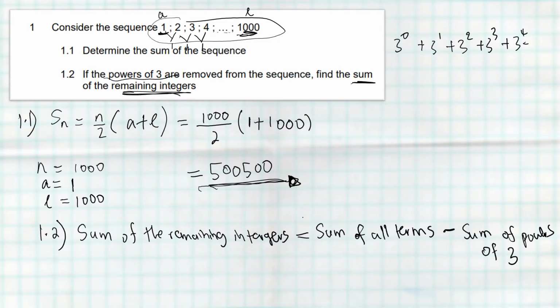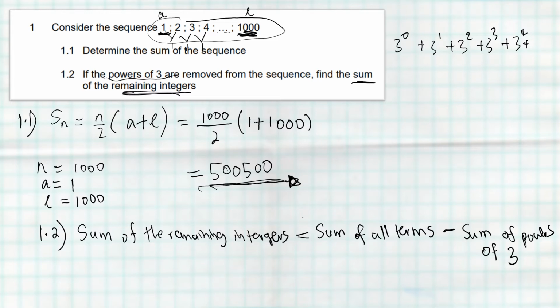We must determine their sum. But remember, this sequence starts from 1 up until 1000, so any power of 3 that is greater than 1000 won't fall under that sequence.